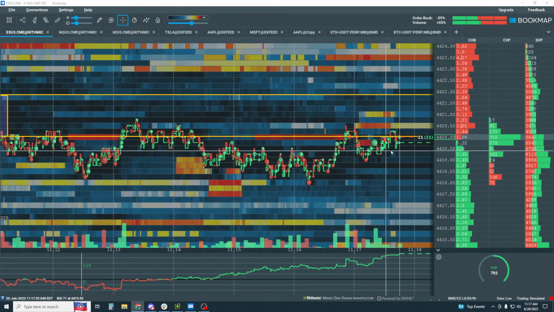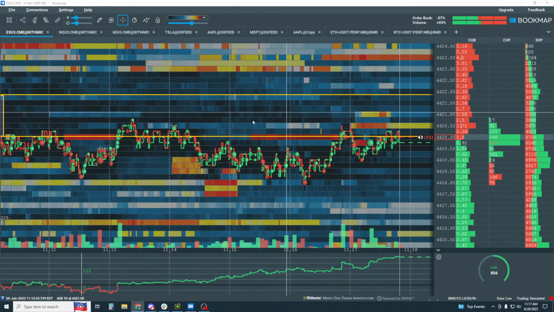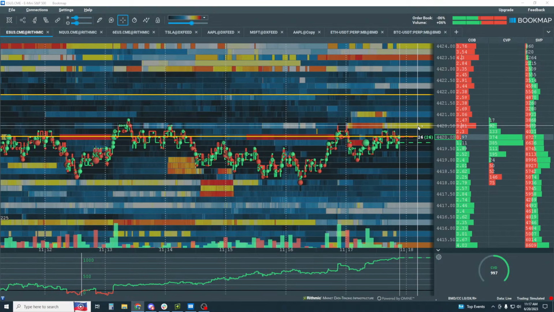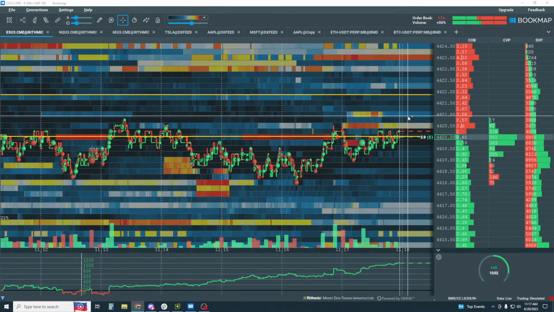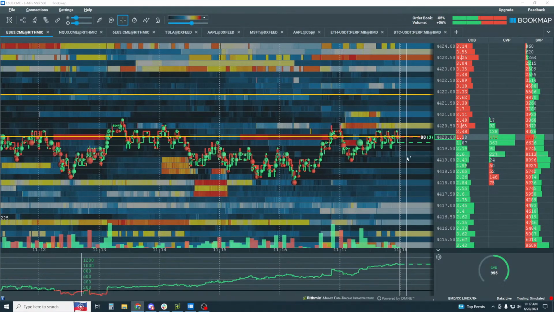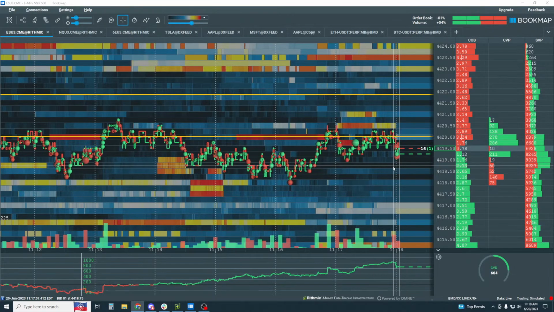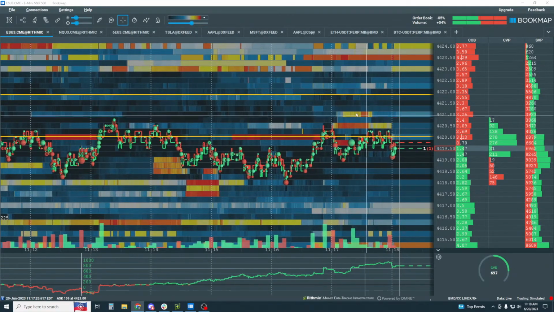So again, this is not what we're looking for. We want to see the buyers come up around this 20 and a half, these sellers on the offer get out of the way, and then the bid light up here with liquidity at a higher level. Instead we see a lot of other complex stuff going on here.